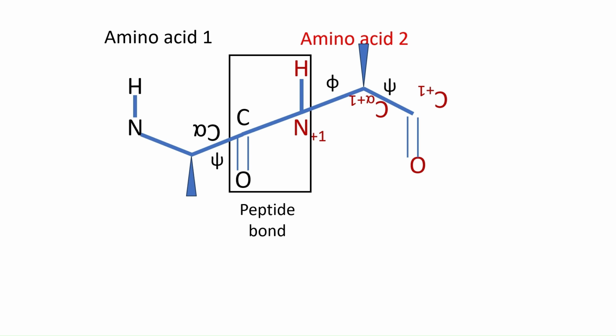Now just like the psi, there is another phi in this image on amino acid 1, that is here. And the atomic coordinates which are required to define the phi angle are C alpha, nitrogen, then again carboxylic acid carbon, and C alpha of the next amino acid.